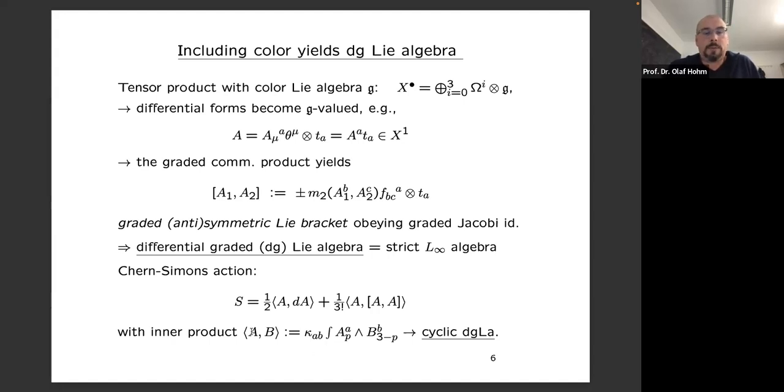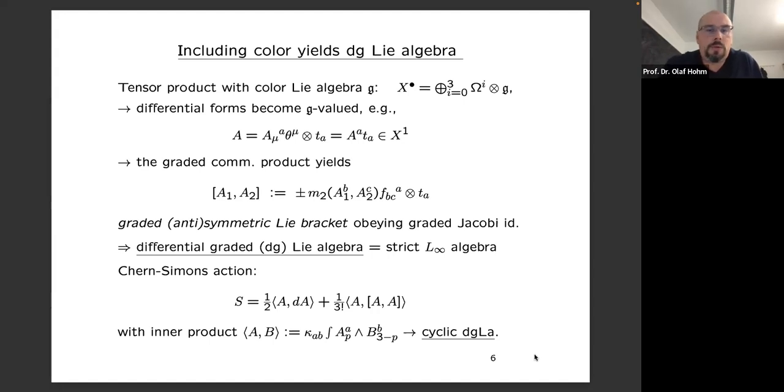So given also some inner product, you could call this a cyclic differential graded Lie algebra, and that's what you need to define an action, or without it, you can only define the equations of motion. So you have the familiar equations of motion of Chern-Simons theory, you have the familiar gauge transformations, and in order to check anything like gauge invariance of the action, you need precisely the axioms of a differential graded Lie algebra. So that's all you need.